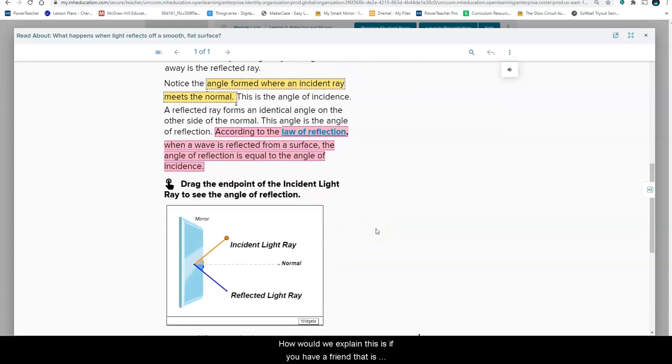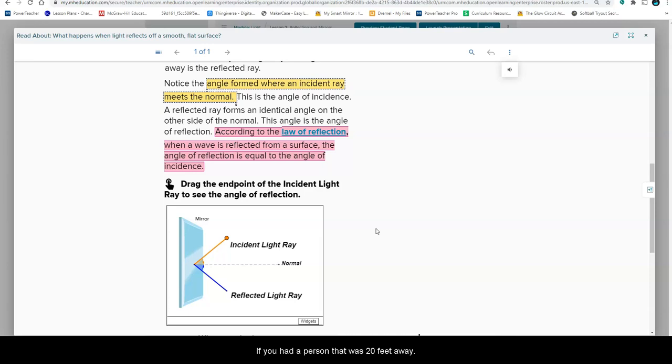One way to explain this is if you have a friend that is about 5 feet away from you, and you're bouncing the ball off the floor, you're probably going to bounce it about halfway in between. So you're going to be bouncing about 2.5 feet, where it lands in the middle, and then it's going to have that equal and opposite and bounce to the other person in a very predictable way.